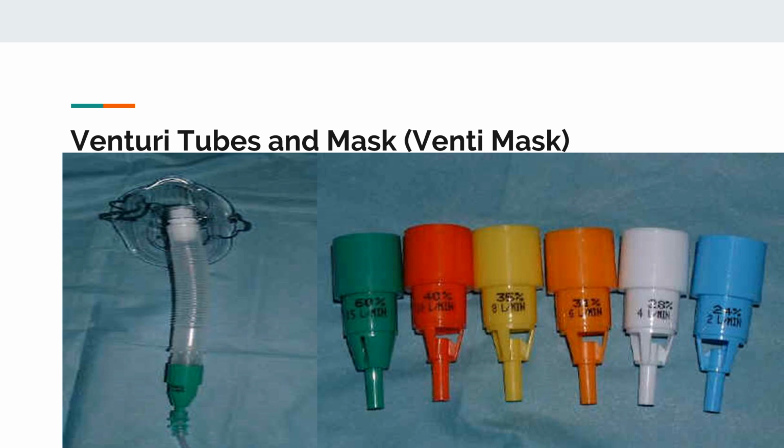Now I know it's really hard to see on these pictures, but these are different adapters that you can switch out from the bottom of this mask. So you see the mask itself with this clear piece of tubing, and then on the bottom you have a green piece. That green piece can come off, and you can switch it to the red one, the yellow one, the orange, the white, and the light blue.